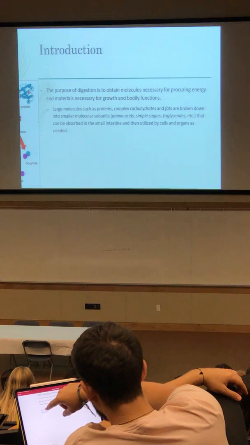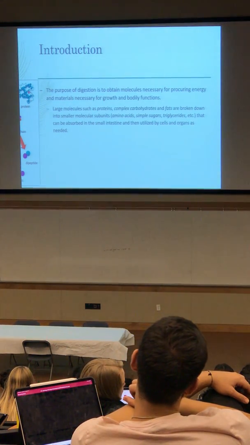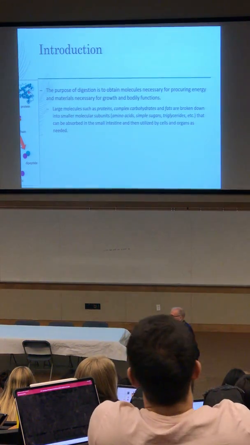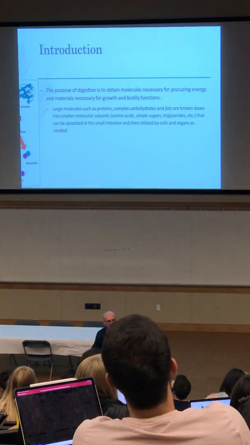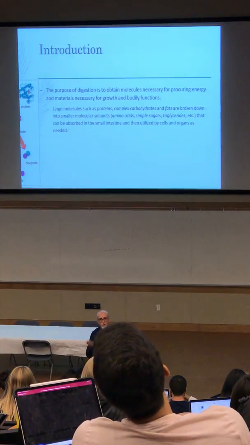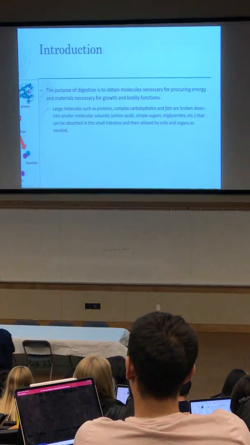And then these are absorbed primarily in the small intestine, and then they are utilized by the various cells and organs throughout the body. So the purpose of the digestive tract is to obtain the raw materials that we need to run the body, to build other molecules, to keep things going, and to provide energy.